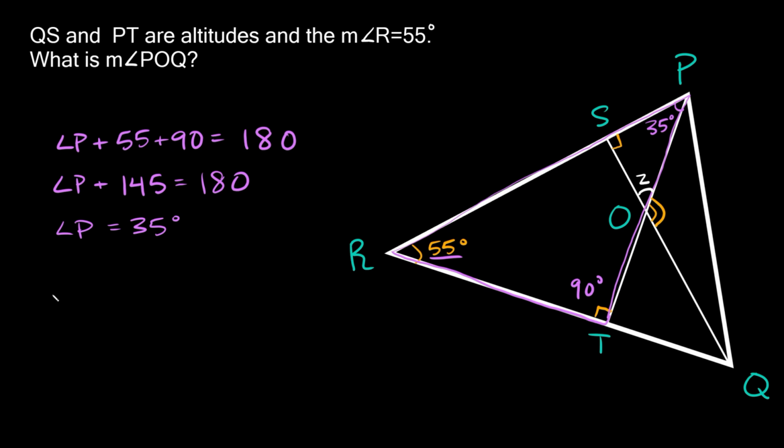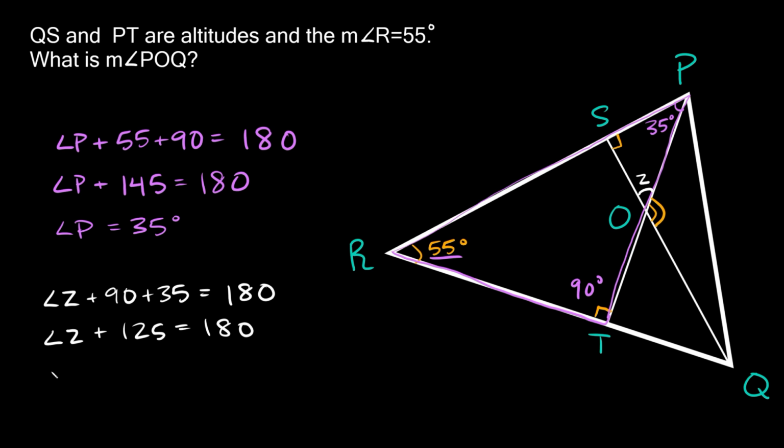So here we can say that angle Z plus 90 plus 35 has to add up to 180. So here angle Z plus 125 is equal to 180. So we get that angle Z is equal to 55 degrees, right? So Z right here is 55 degrees.